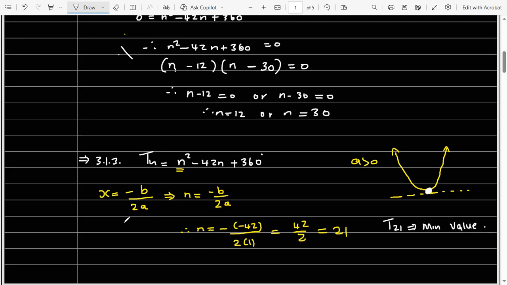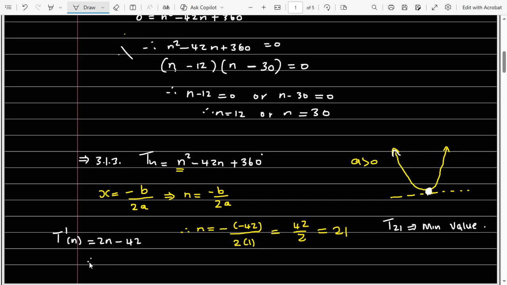Let me explain another way you can work on this, using calculus. Remember in calculus, when we are looking for the turning points, which are the stationary points, we find the derivative. We derive Tn, so the derivative is 2n minus 42.